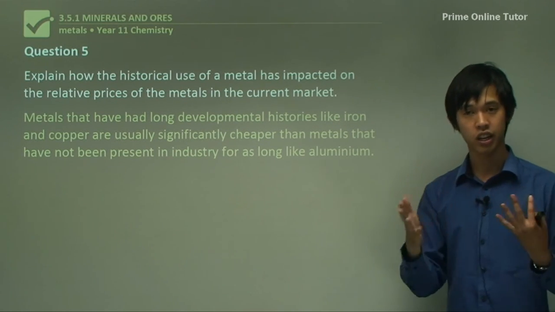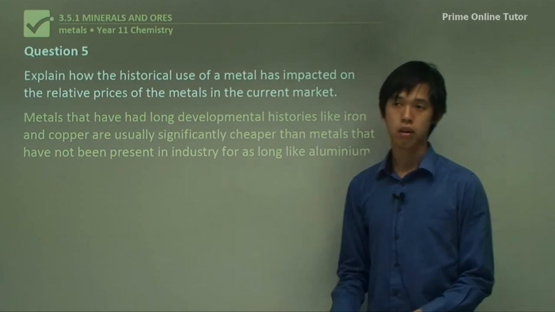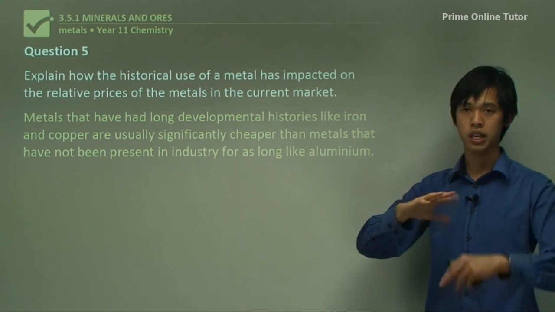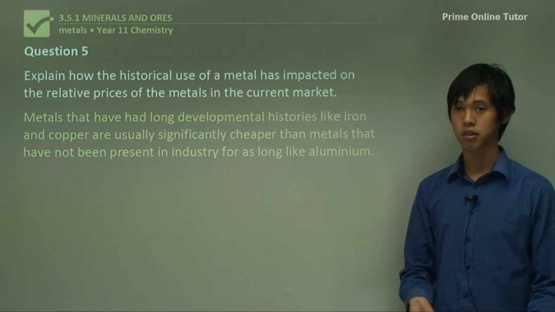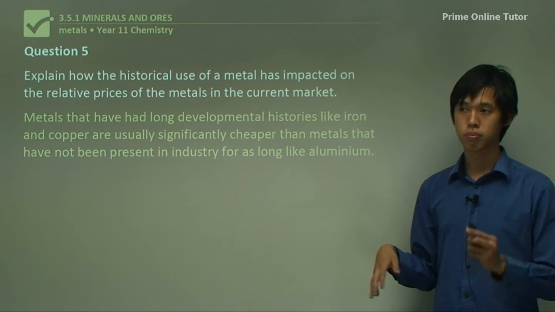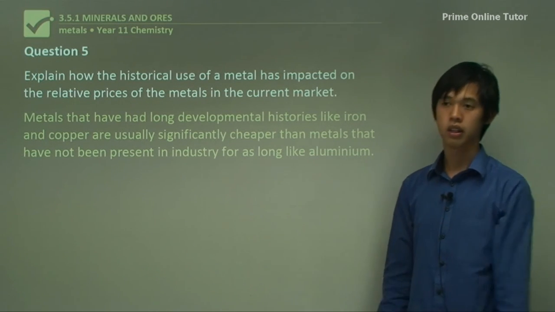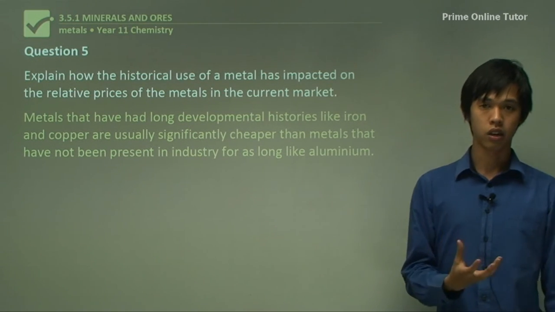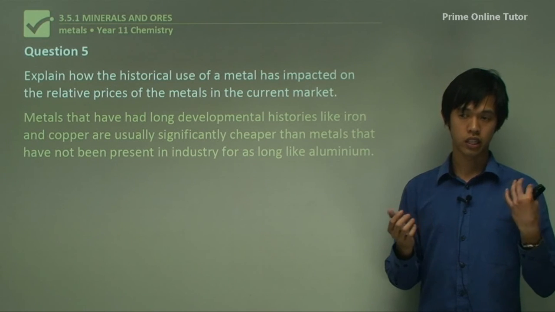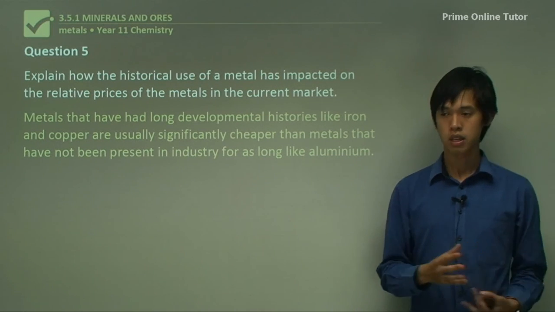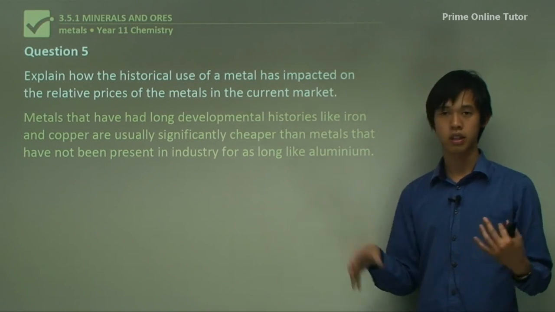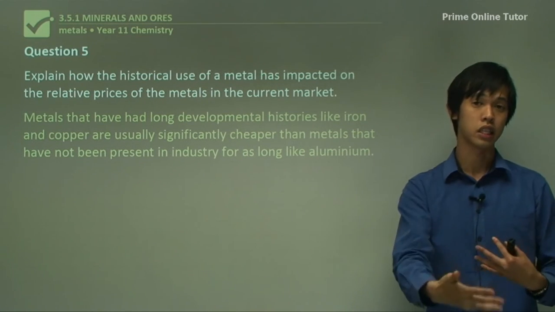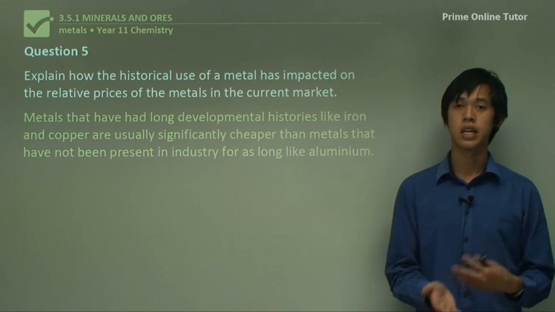And even before that, copper was being used, usually in the form of brass or bronze. When it's alloyed with some other metals, you get bronze or brass. So that's been used for even longer than iron. So humans are obviously going to know how to extract this copper or iron more effectively than they know how to extract different metals like aluminium, because we haven't had as long to deal with aluminium as we have with iron and copper.